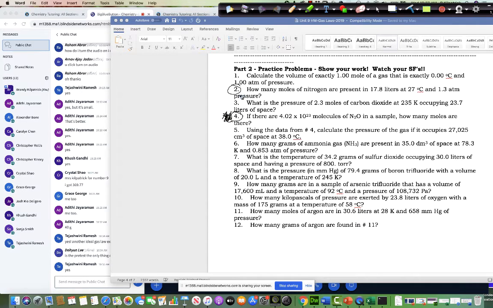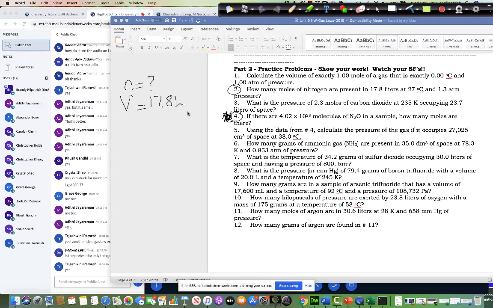Okay, so number 2, we're looking for moles of nitrogen. So we're looking for the variable n, present in 17.8 liters. So we're looking at a volume here. My volume is 17.8 liters.